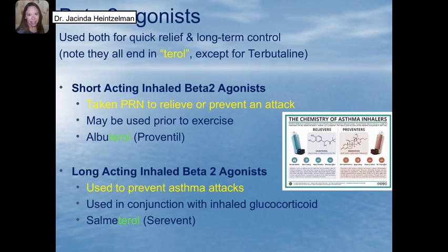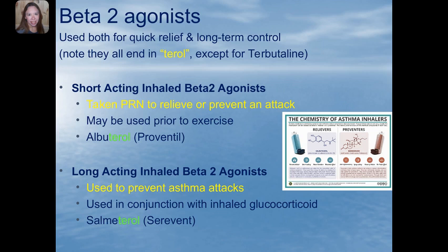When it comes to the beta 2 agonists that we have available, we do have different forms. We have short acting forms, and then we also have long acting. They are going to be used for different reasons.